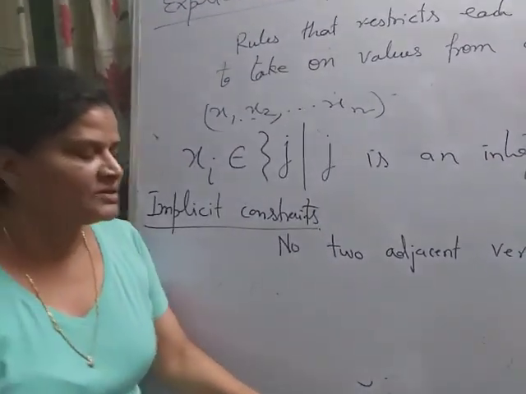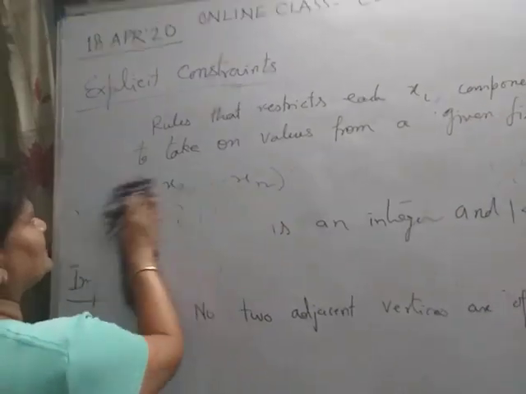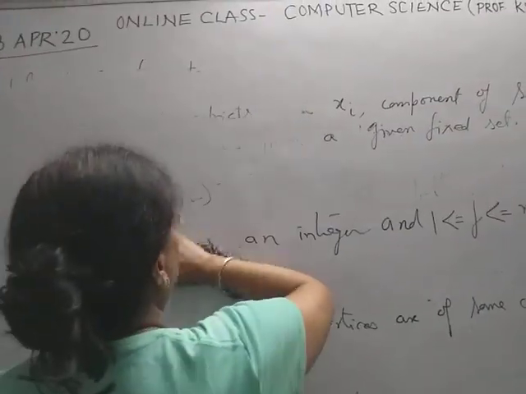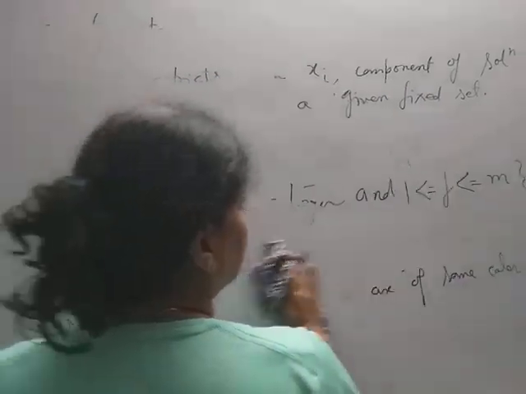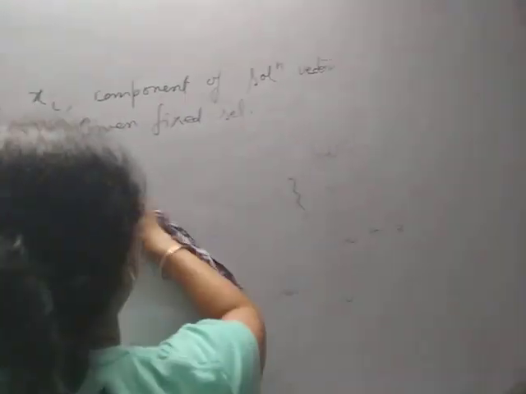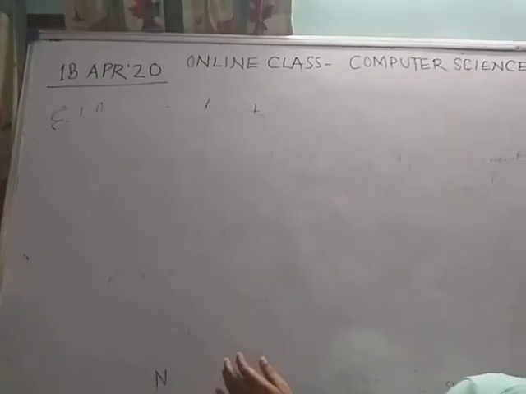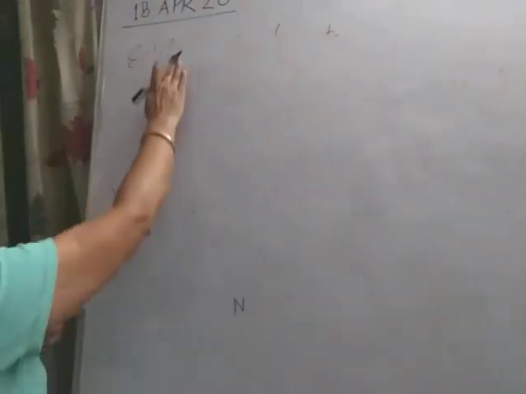Now next, after giving the explicit and implicit constraints, we draw the state space tree. For this problem, we start from the root node. First we decide the graph. As we take more vertices and more colors, the size of the state space tree becomes very large.